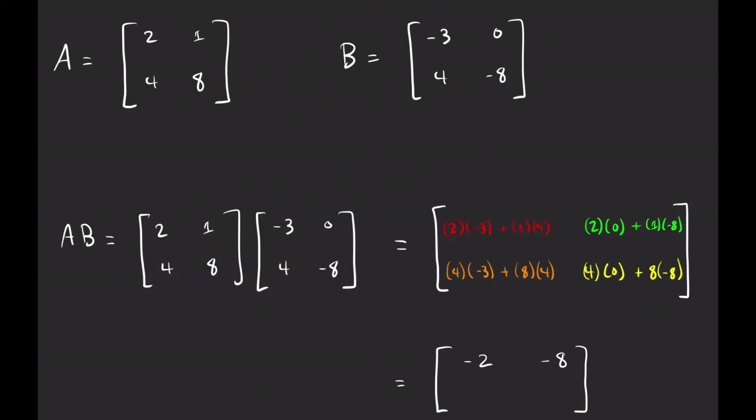We've got to fill these in, of course. -12 plus 24 is 12, and then we have -64. So we have that right there. That's awesome. This result here, let's maybe clean that up a little bit, make that look a little bit nicer. We've got a 2 by 2 matrix that is the resulting multiplication there. So we've got that. That's awesome.